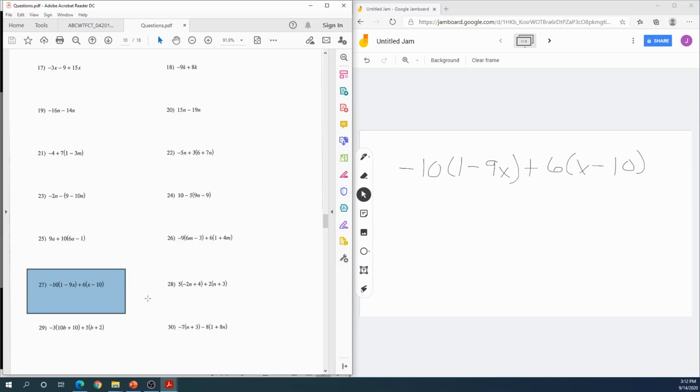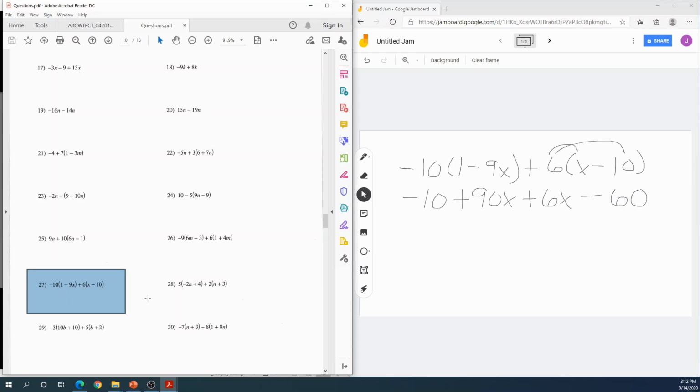So we get negative 10 times 1 is minus 10. Negative 10 times minus 9x is going to be a positive 90x. Then again, distributive property on the right side. 6 times x is going to be 6x. 6 times a minus 10 is going to be a minus 60.